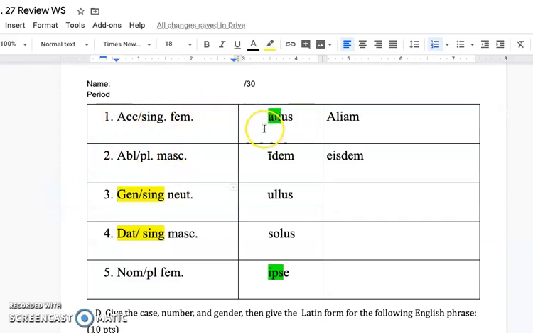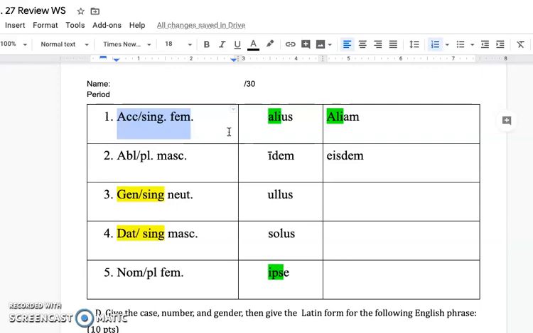So when you are taking a Latin noun or adjective and putting it in a specified form, you always need to start with the stem or the base, okay? So, alius, alia, alium, you are going to take off that us ending, and your stem is ali here. At that point, we are going to look at the case number gender and add the correct ending. Because this is an adjective, it's going to have different endings for masculine, feminine, and neuter.